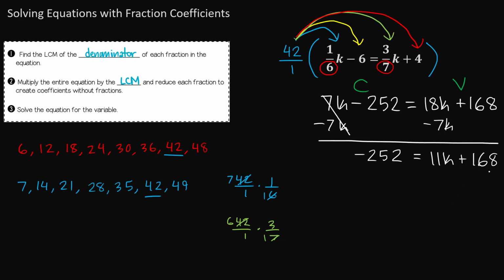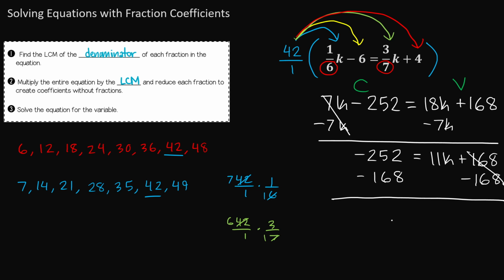From here, I'm going to collect the constants on the left side. So this positive 168, we're going to subtract 168 to cancel it out and do the same thing on the other side. And if we subtract here, negative 252 minus 168, that's just getting more negative.